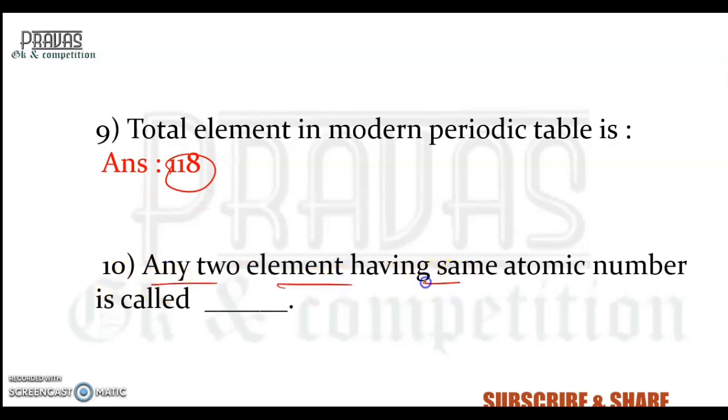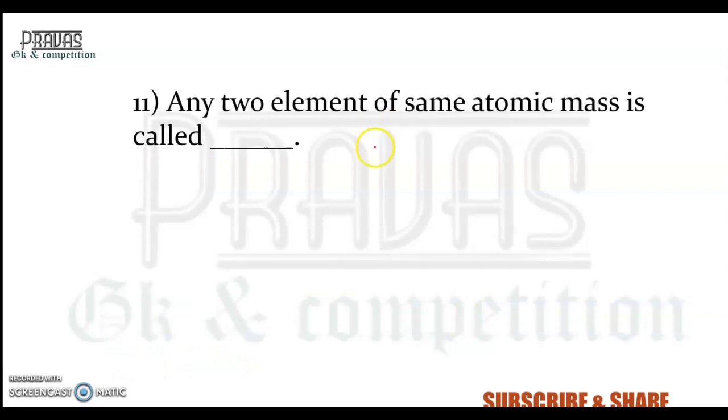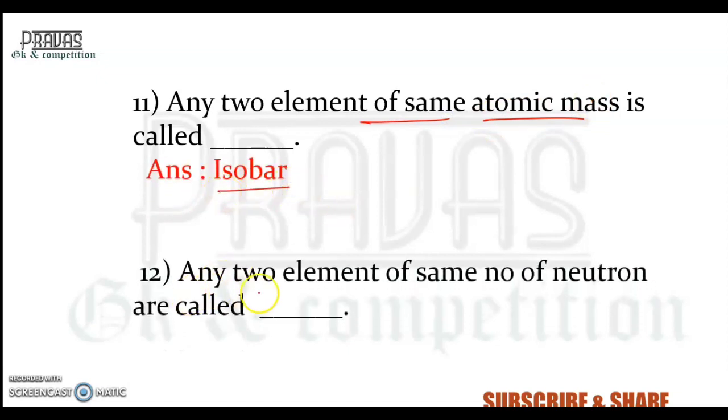Any two elements having the same atomic number are called isotopes. Any two elements of the same atomic mass are called isobars. Any two elements of the same number of neutrons are called isotones.